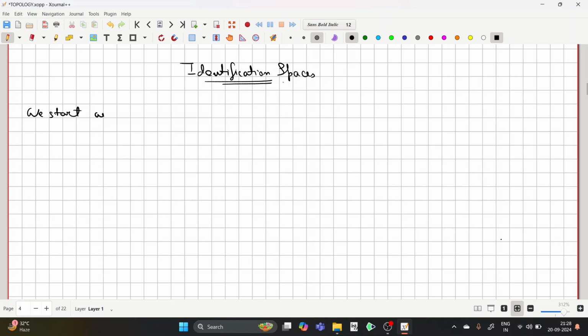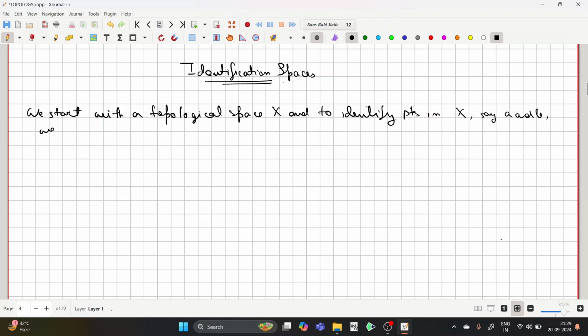We start with a topological space X, and to identify points in X, say A and B, we relate them in terms of an equivalence relation.